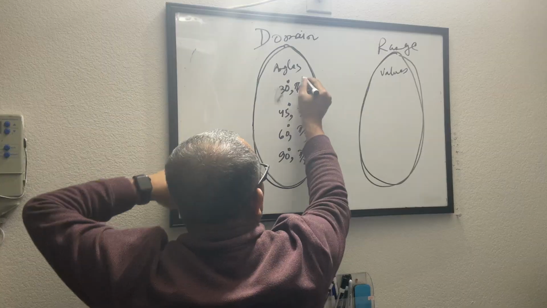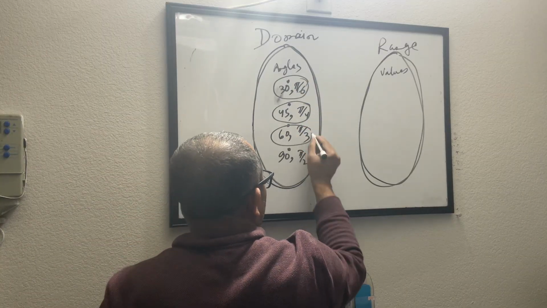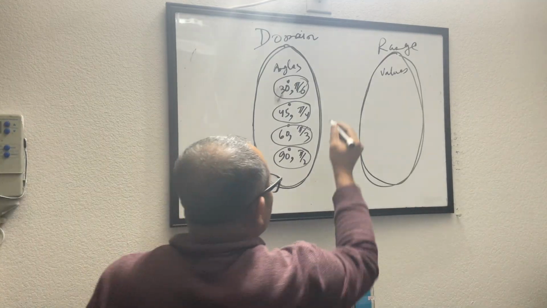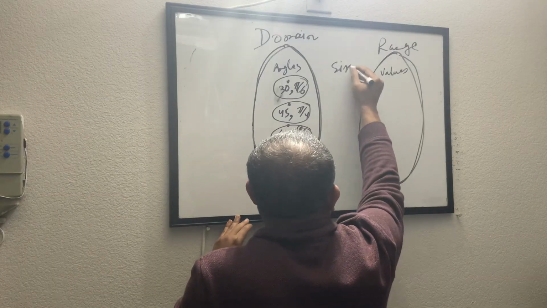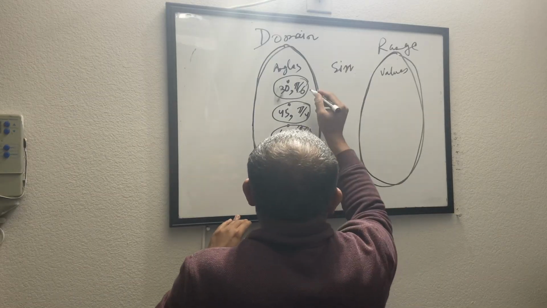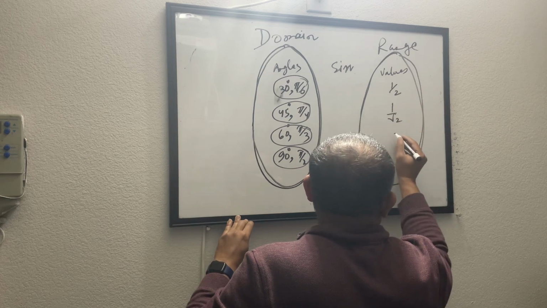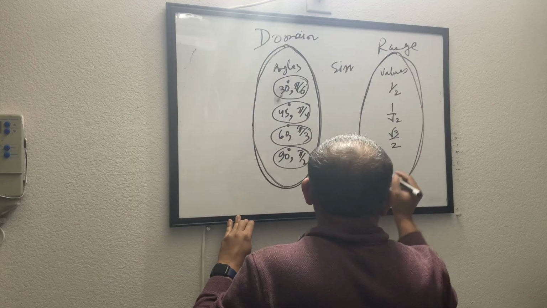These are my inputs, same thing with two different units of measurement. And I'm applying sine here, so the outputs will be 1 by 2, 1 by root 2, root 3 by 2, and then 1.